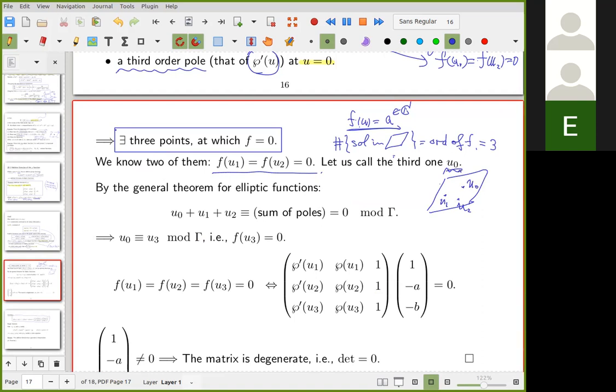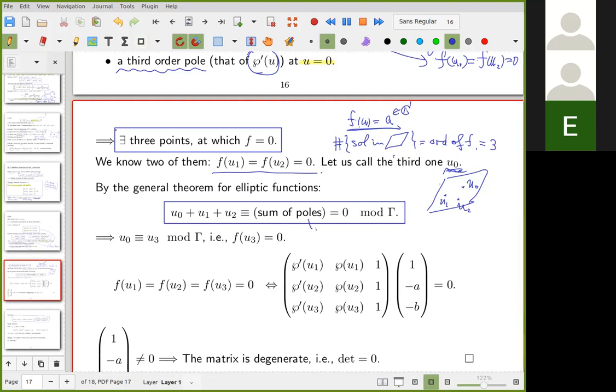Let's call it u3. Then we have proved that the sum of such solutions is equal to the sum of poles of that elliptic function.